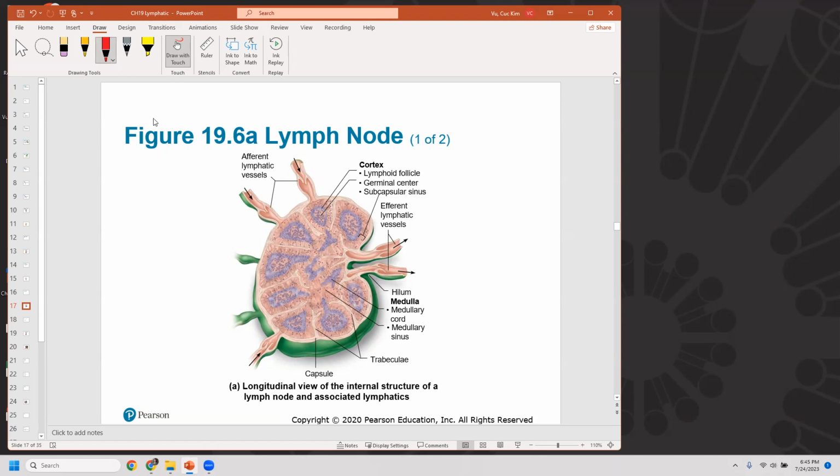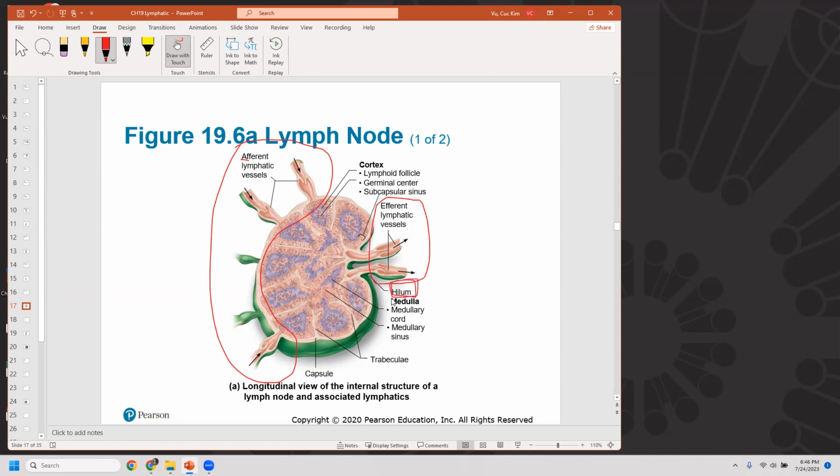So you'll notice that there are a lot more afferent lymphatic vessels that bring the lymph into the node than there are efferent vessels that take it out. As a matter of fact, you will only find the efferent lymphatic vessels at the hilum. Remind me what the hilum is.